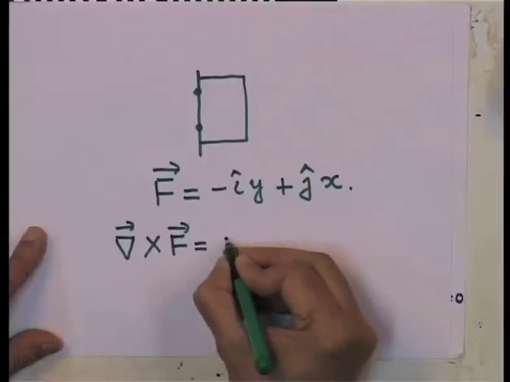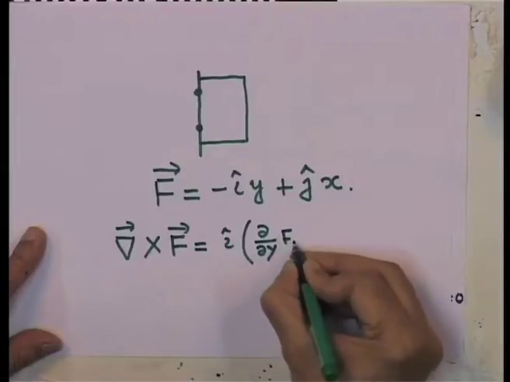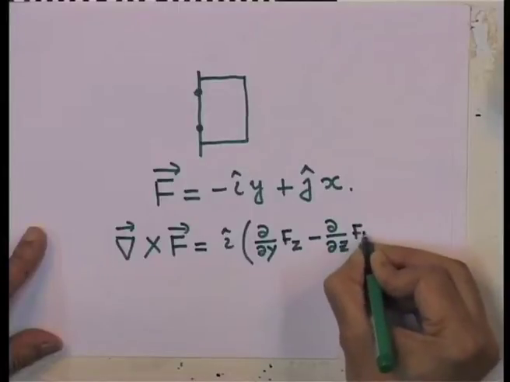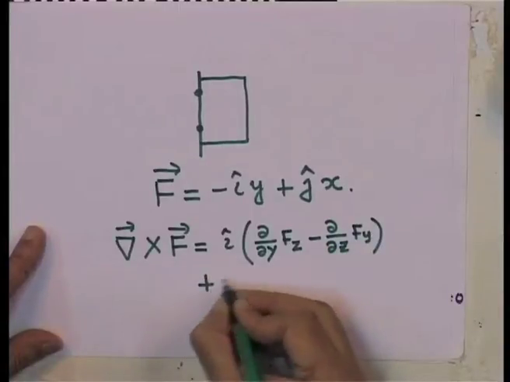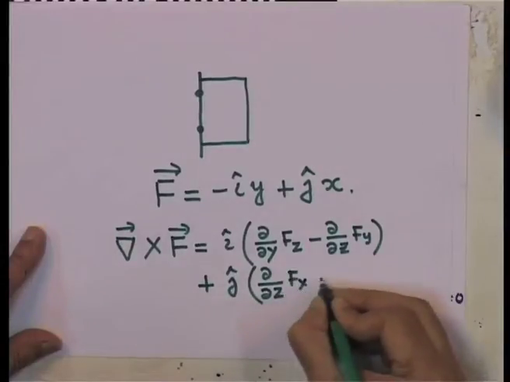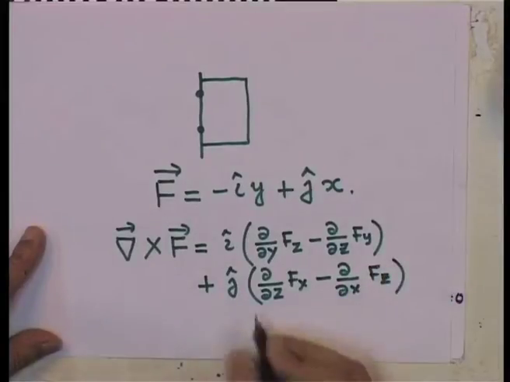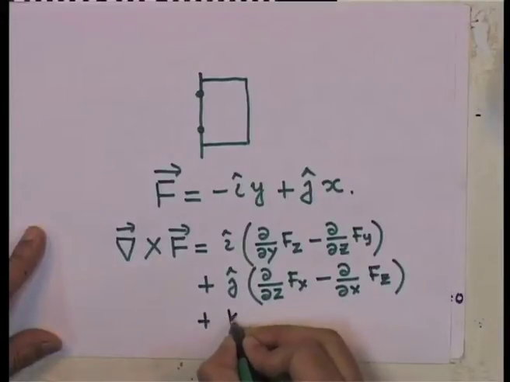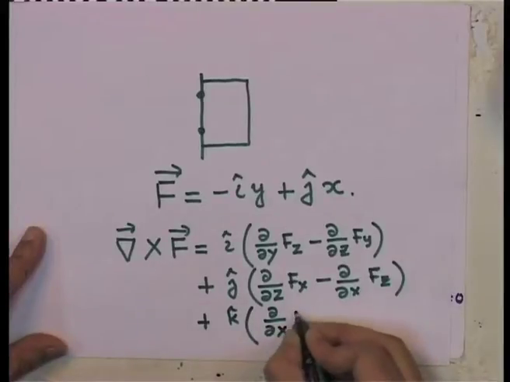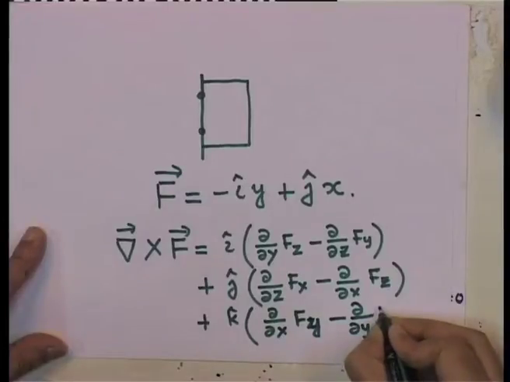Remember how it is done? i times d by dy of f z minus d by dz of f y, plus j times d by dz of f x minus d by dx of f z, plus k times d by dx of f y minus d by dy of f x.